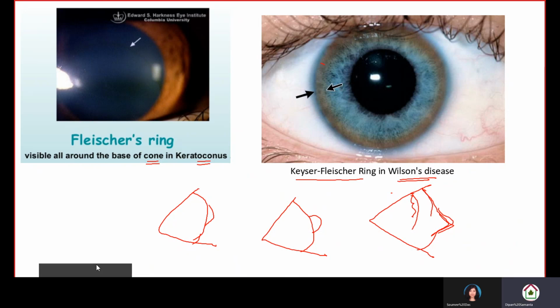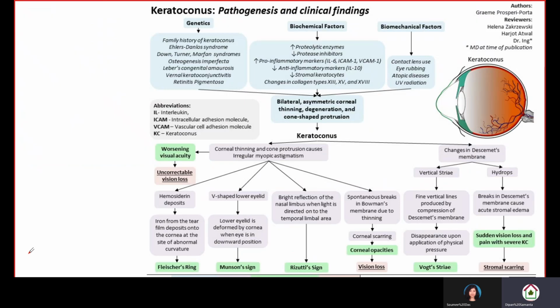A very thin line is seen. This is Fleischer ring, and KF ring is quite visible. Its deposition is quite visible.